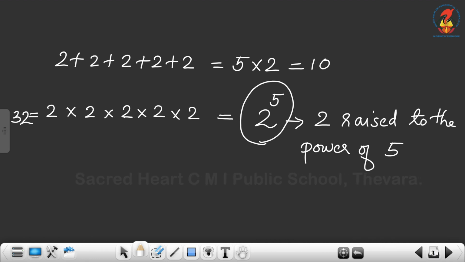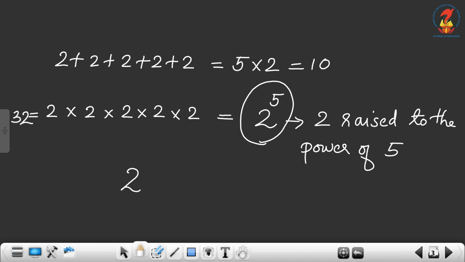So first you write 2, right hand side up you write how many times it is multiplied, 5, and we can read it as 2 raised to the power of 5, or simply the 5th power of 2.